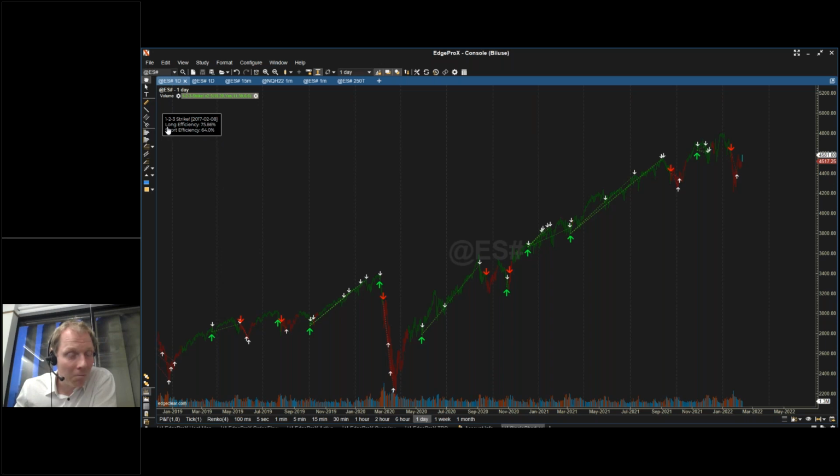One we call long efficiency, which is at 75%, and one is called short efficiency, which is at 64% in this case. This means, historically speaking, our long signals were winners 75% of all times, and our short signals were winners 64% of all times in a given look back period.